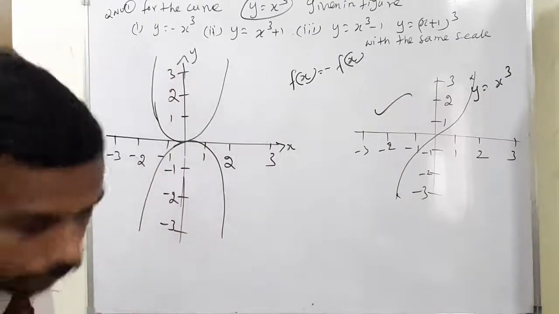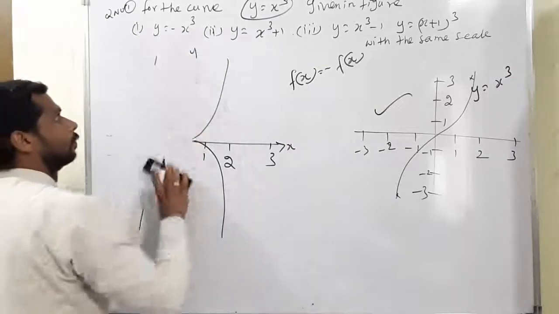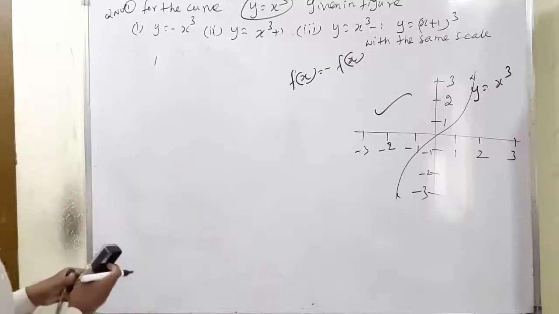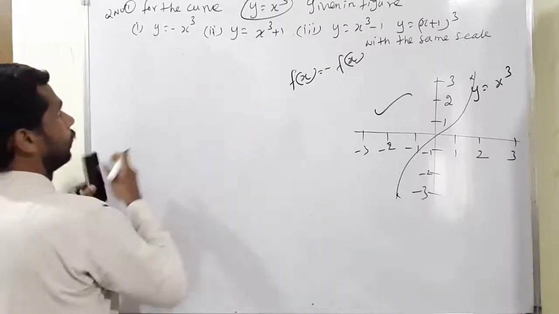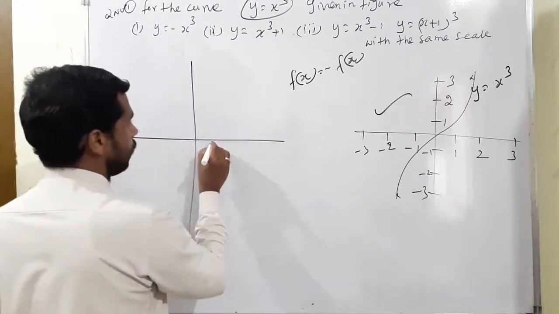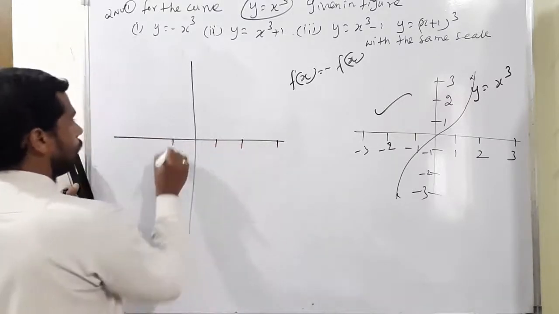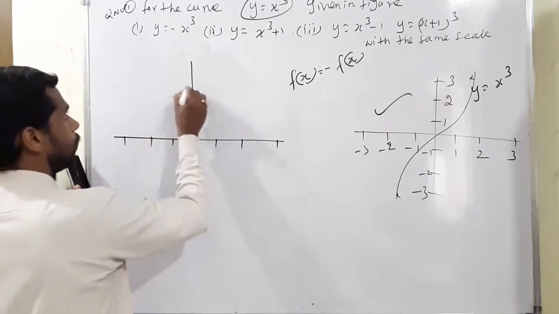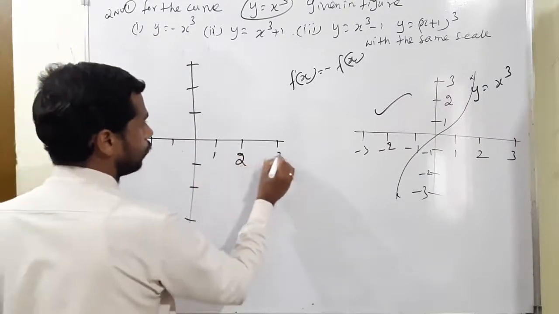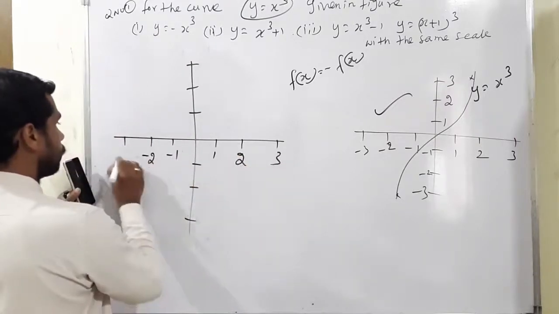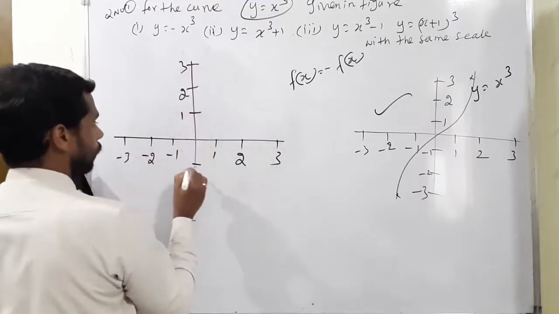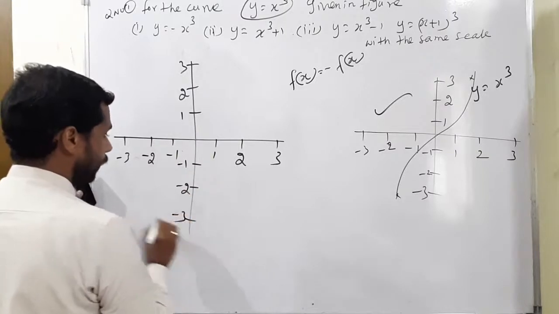Then the second one, subdivision 2. Look at there. Same axis, 1, 2, 3, minus 1, minus 2, minus 3.